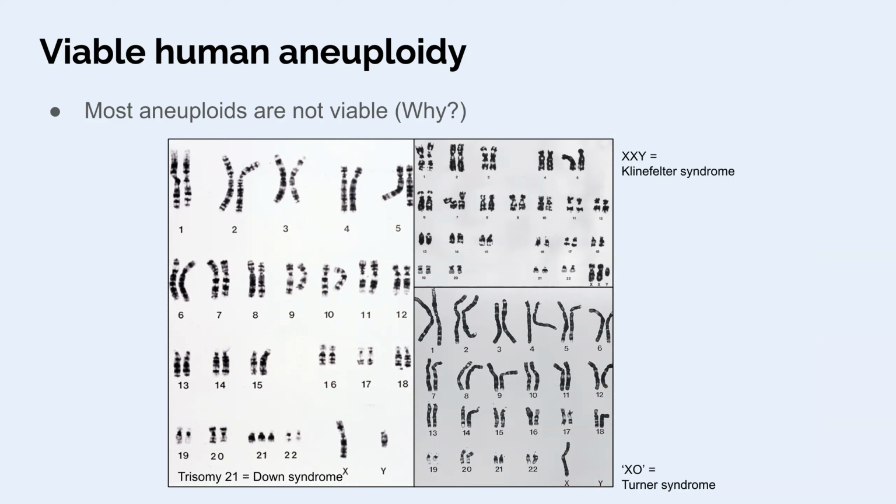Why don't we see trisomy of chromosome 2, for example? Well, the fact is that chromosome 2 has a lot of genes on it. And when you have aneuploidy for a chromosome, that means you've got extra or missing copies of all the genes on that chromosome. And the dosage effect of a big chromosome like chromosome 2 would be too much, and that is non-viable.